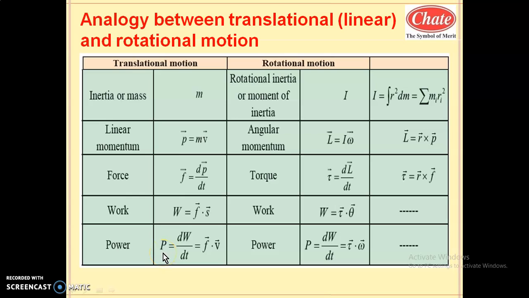For example, power in linear motion is f dot v, then power in rotational motion, since force is analogous with tau, is vector tau dot vector omega. So this is the analogy between translational motion and rotational motion. Based on that, students, you can solve various questions, or in some exams these formulas and related concepts are also asked. So this table is very important for solving numericals and objectives on rotational dynamics.